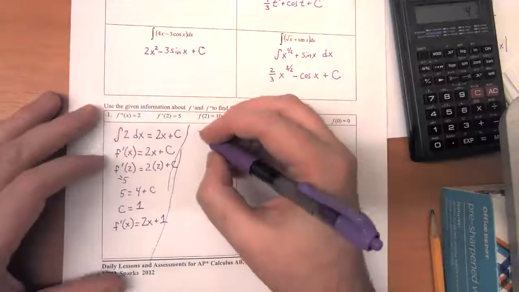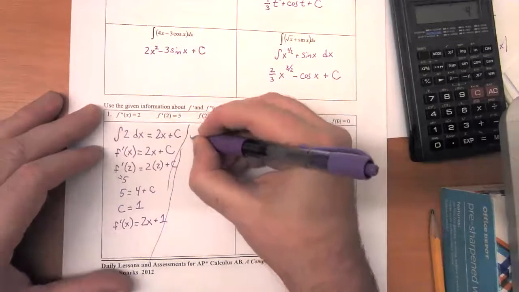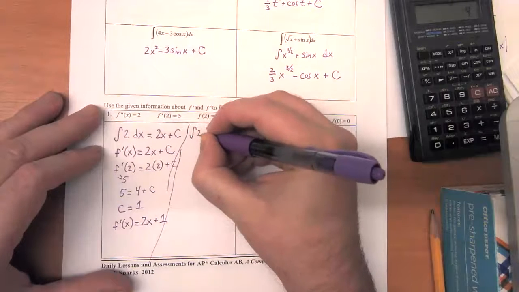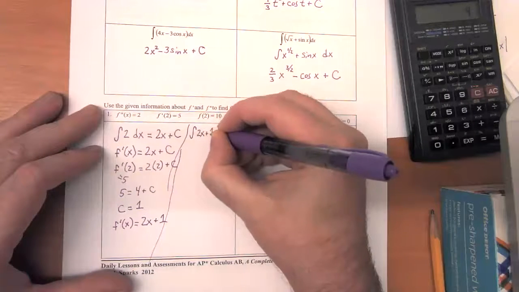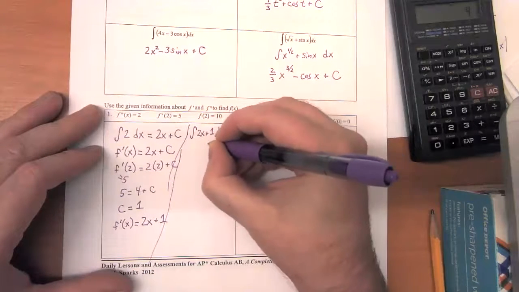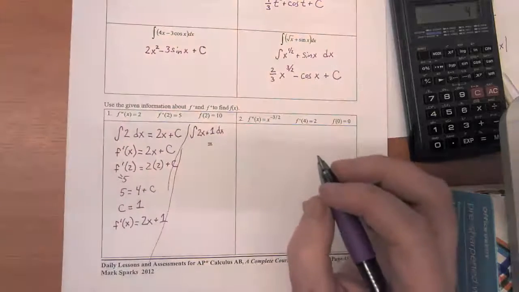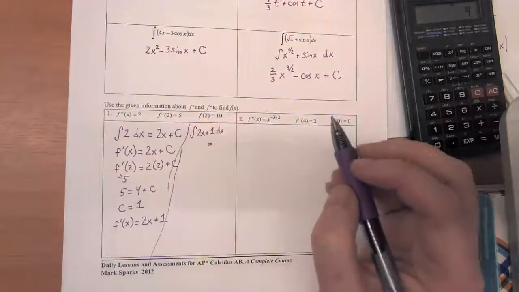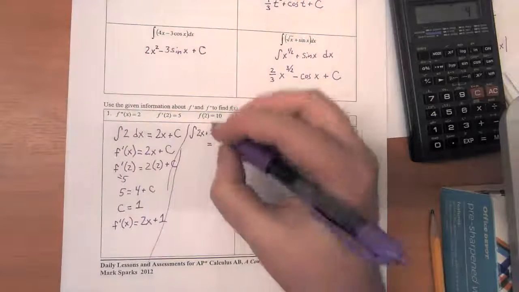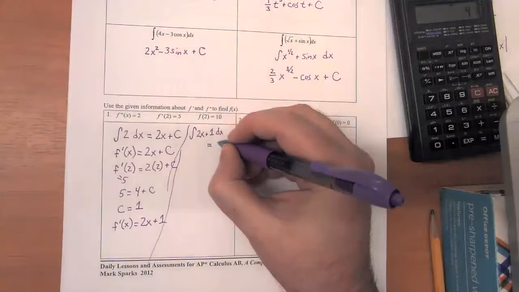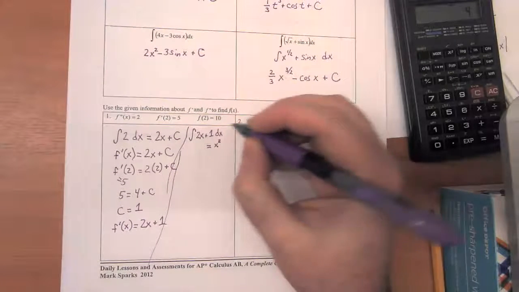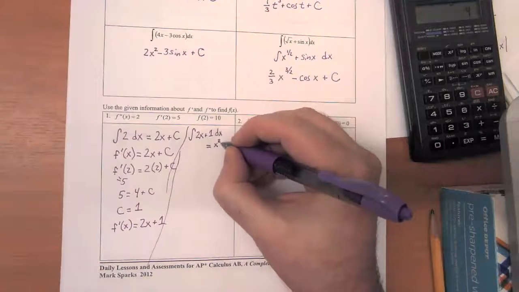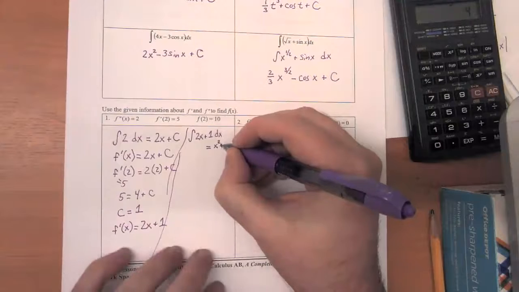All right, so now I want to figure out what's the antiderivative of 2x plus 1 times dx. What is that antiderivative equal to? Well, the antiderivative of 2x is x squared. The antiderivative of 1 is x.